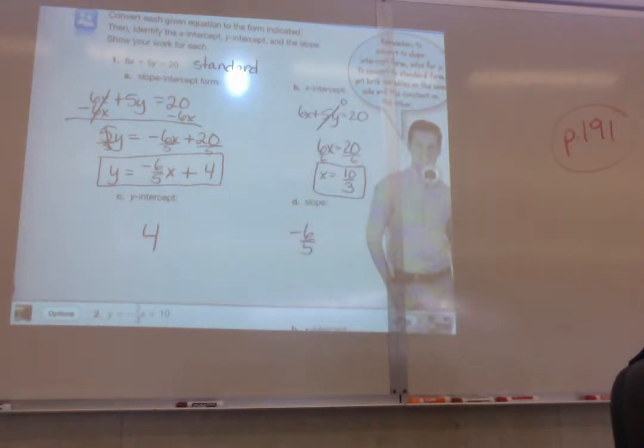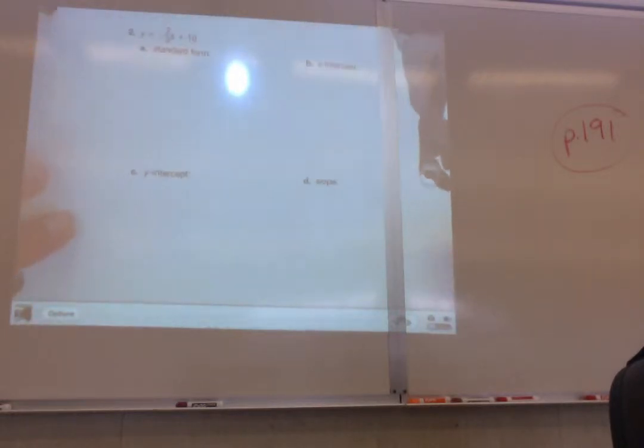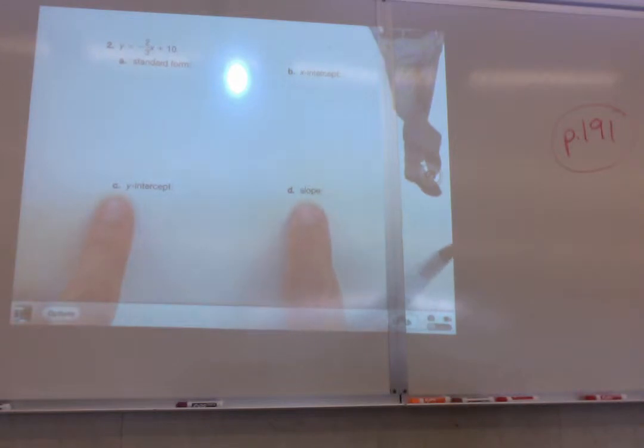All right. So next one down, you're already given it in slope-intercept form. Now they want you to move it to standard form. Before we move it to standard form, though, I'm going to go ahead and pick out the pieces that are easy to identify when we have it y equals y-intercept and slope.